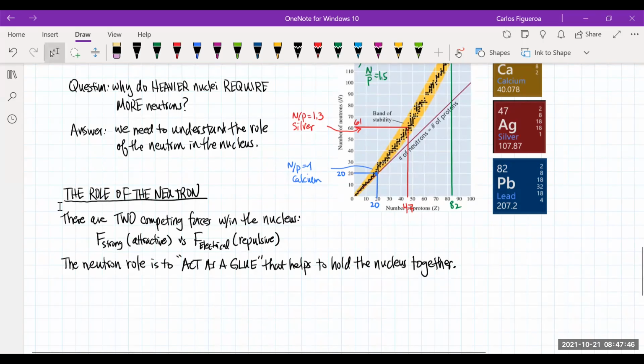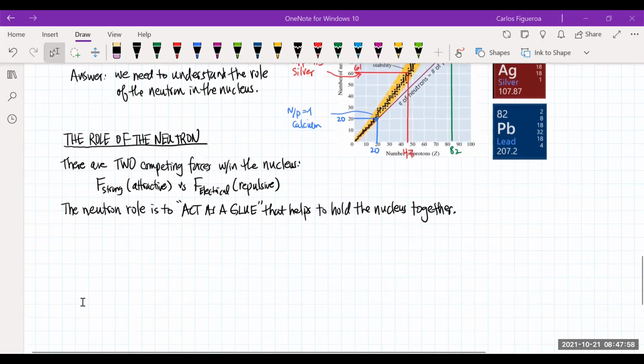And so what we find here is that I'm going to pick 3 atoms again. Okay, so I'm going to start with light, and then I'm going to go to midweight. So if I start with the light nuclei, what do we see with the light nuclei?